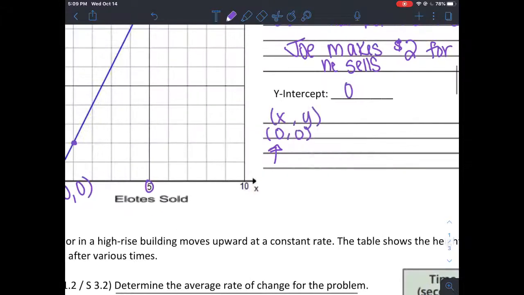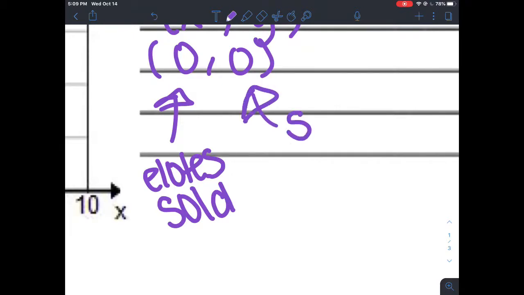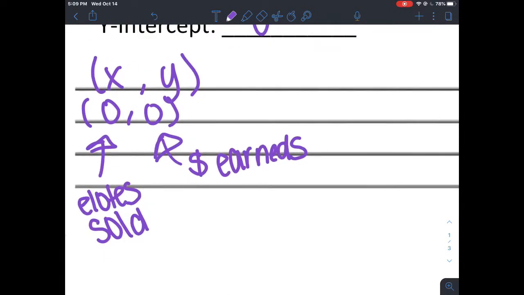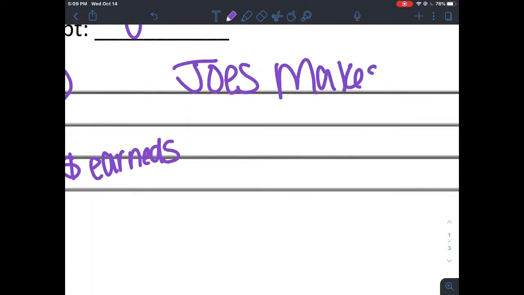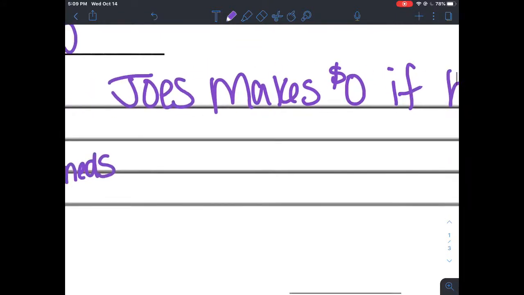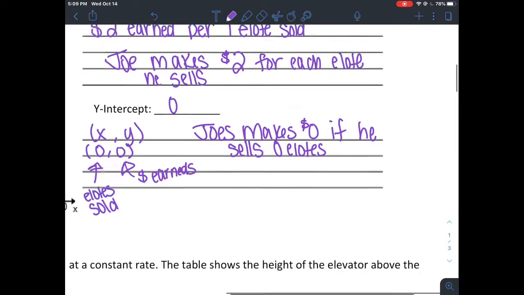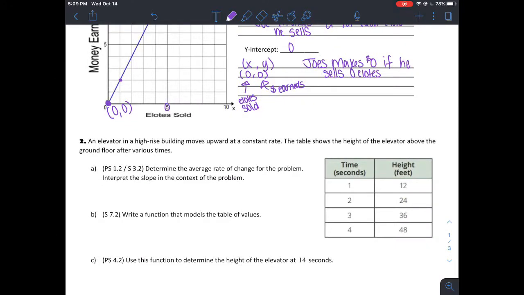X represents the lot sold, and y represents the money that Joe earns. So explaining in the context, Joe makes $0 if he sells 0 lots. Okay, perfect.